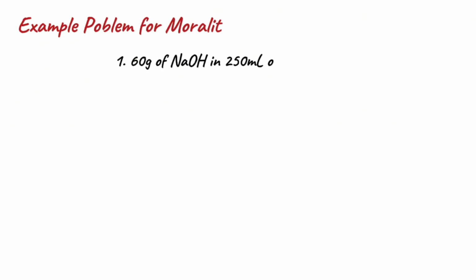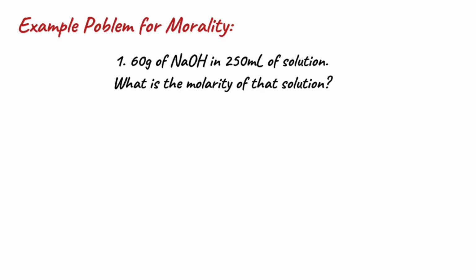Number 2. 60 grams of sodium hydroxide in 250 ml of solution. What is the molarity of that solution? Let's convert grams to moles, and we need to find the molar mass of sodium hydroxide. To do that, we need to add up the atomic mass of sodium, oxygen, and hydrogen.